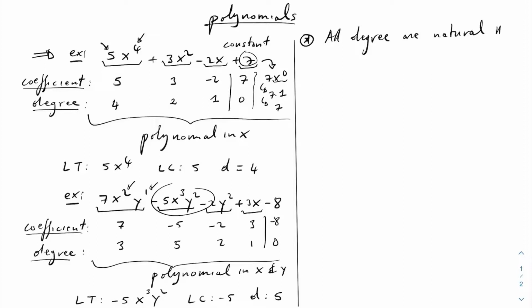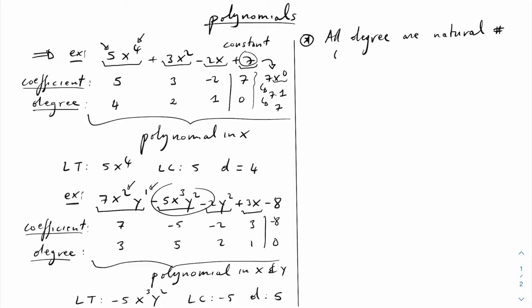That means, consequently, that you cannot have powers that are decimal or negative. You cannot have a variable with a natural power sitting in the denominator, and all the coefficients can be anything you want. Coefficients can be real numbers, so they can be square roots, rational, irrational, decimal, negative, it doesn't matter.